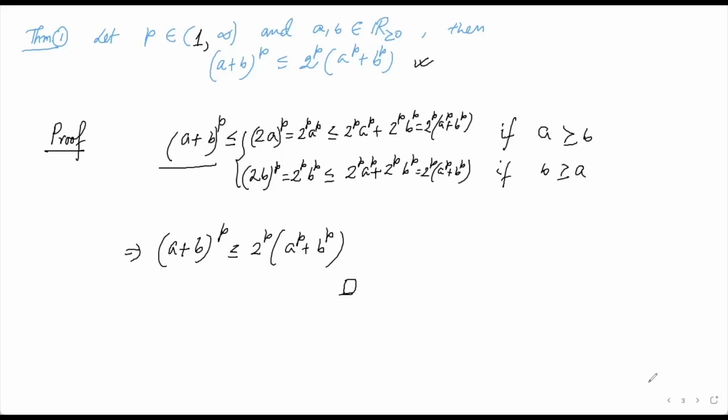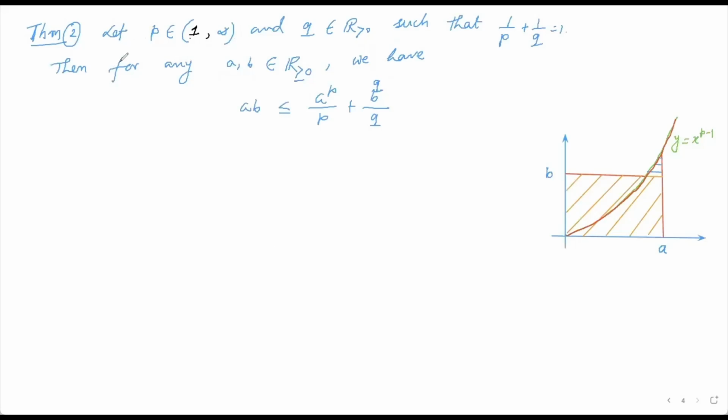Okay, next we prove Young's inequality. Here is the statement. Let p belong to the open interval (1, infinity) and q be a positive real number satisfying 1 over p plus 1 over q equal to 1.